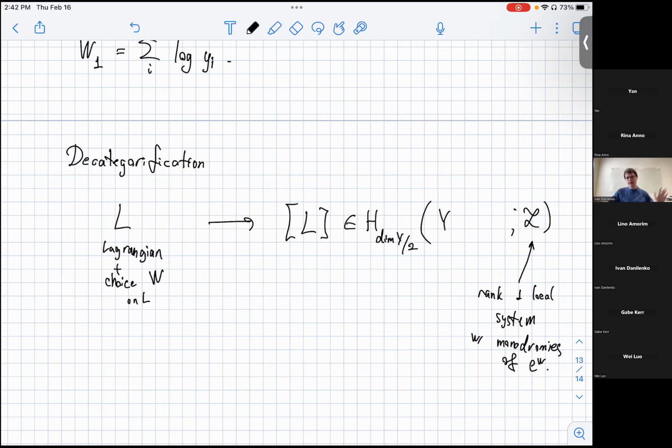So it's a cycle on which I chose a section of my rank 1 local system. Basically, that's what I'm saying.